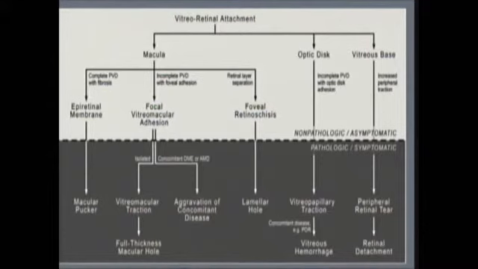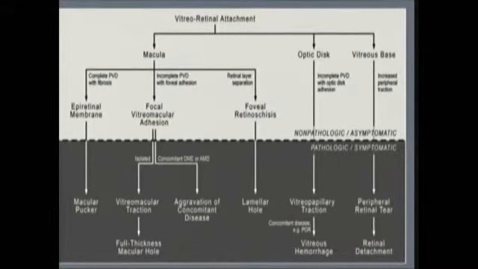If it's isolated, we call it vitreomacular traction, which may lead to full thickness macular hole. It may be accompanied by other diseases like diabetic macular edema, which can aggravate the disease. In the macula, if there is retinal layer separation, it's foveal retinoschisis, and it may lead to lamellar hole.